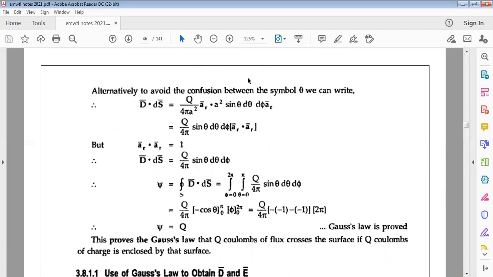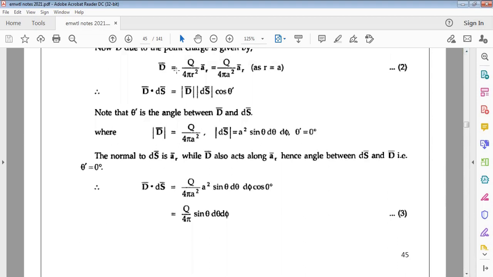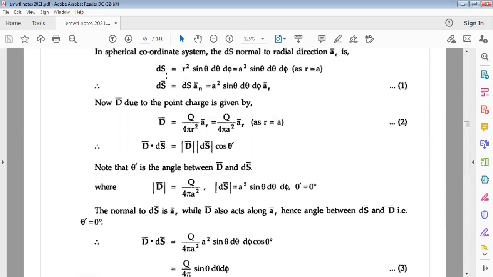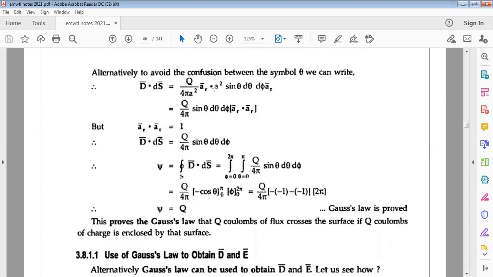Without knowing the magnitude of dS and cos theta, and why the angle is 0, without knowing this, you can directly substitute D bar and dS bar in this function. So we know that AR bar dot AR bar is equal to 1, the dot product itself is 1. So D bar dot dS bar is equal to Q by 4 pi sin theta d theta d phi.